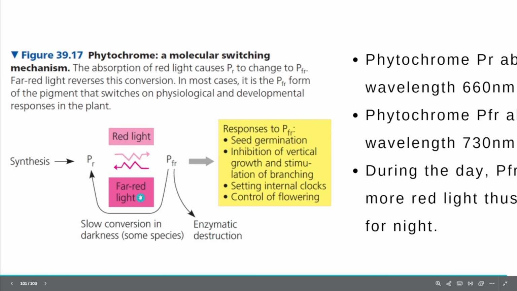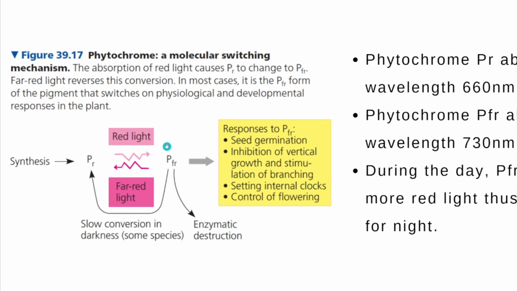Okay, so in long day plant, you can only flower when the daylight period is longer than the night period. So meaning that sunny day period is very long. Okay, when sunny day is very long, what happens to PR and PFR?